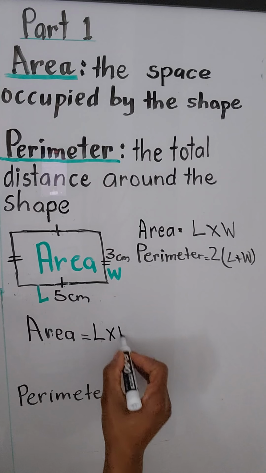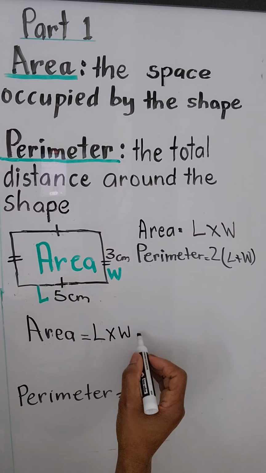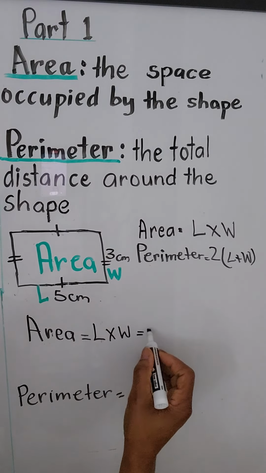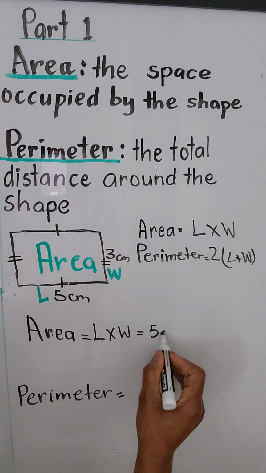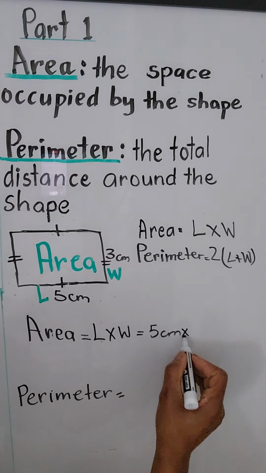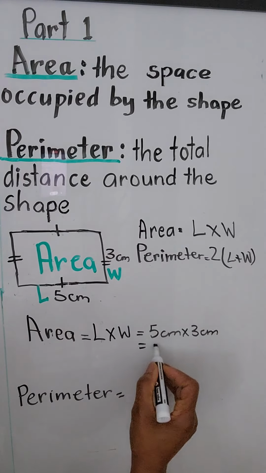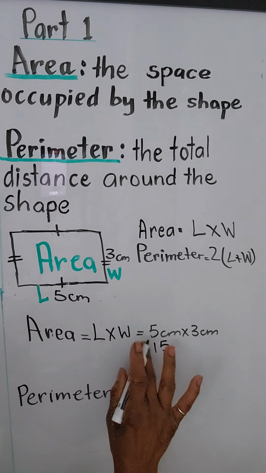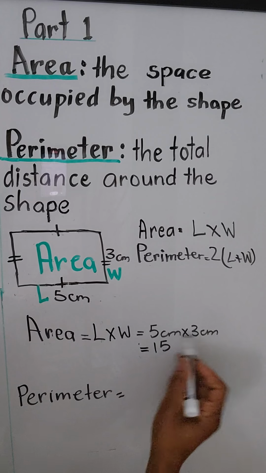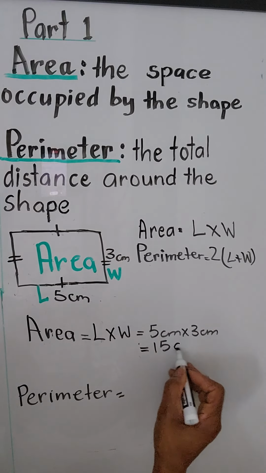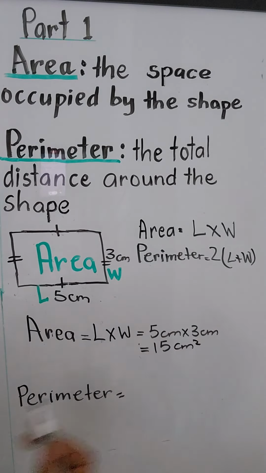L times W is equal to 5 centimeter times 3 centimeter. 5 times 3 is 15, and centimeter times centimeter is centimeter squared.